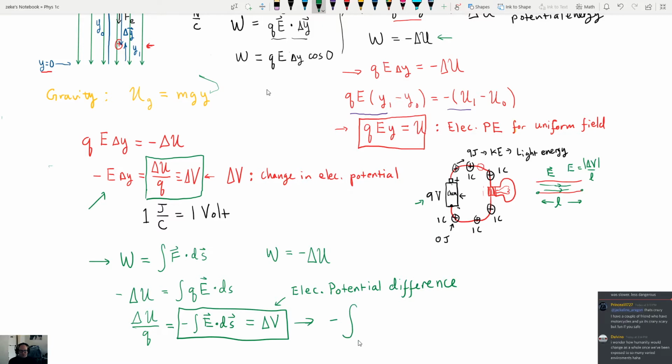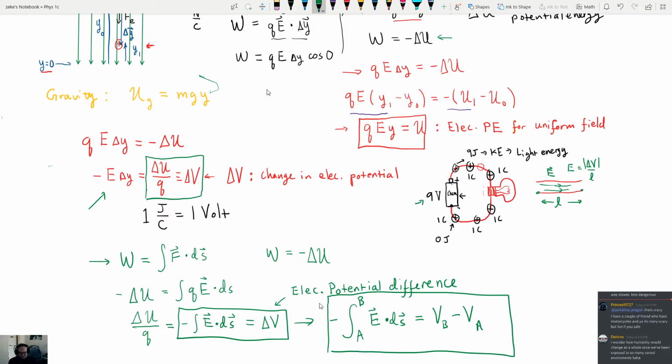You take the integral between 2 points, point A and point B, it could be x1 and x2 or y1 and y2 or whatever, but it needs to be just between 2 points, of E dot ds, and that should be equal to the potential at point B minus the potential at point A. Sometimes it might be defined as the potential of point B relative to point A. But that is our kind of most general definition.